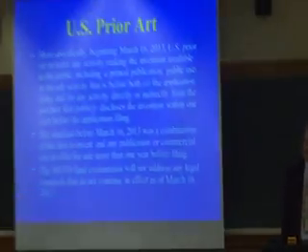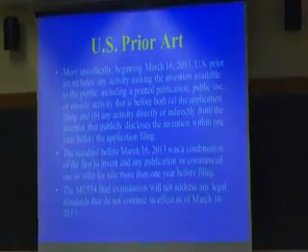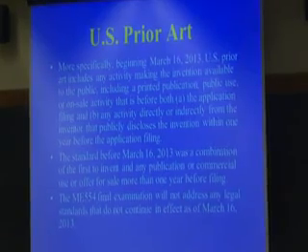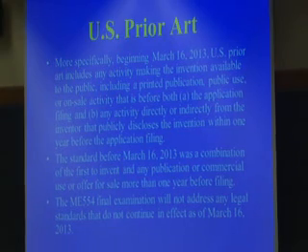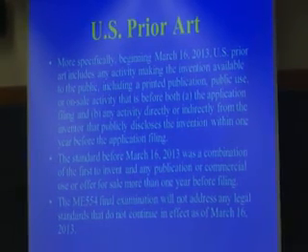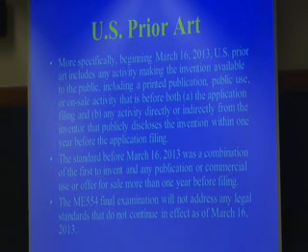More specifically, the new law that was passed takes effect March 16th of 2013. And the public activity is specifically listed that triggers the time period within which you have to file your regular application.